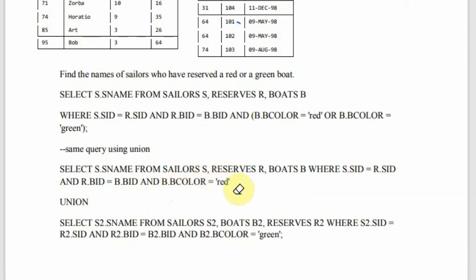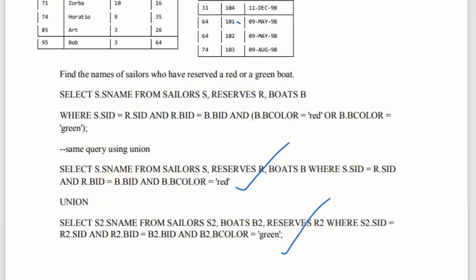In a similar way, I am taking the green color. You can see clearly that this is the first query and this is the second query. Both queries result in their individual sets. This will give me multiple rows, and this query also will give multiple rows. On these two results, the union operation is performed.